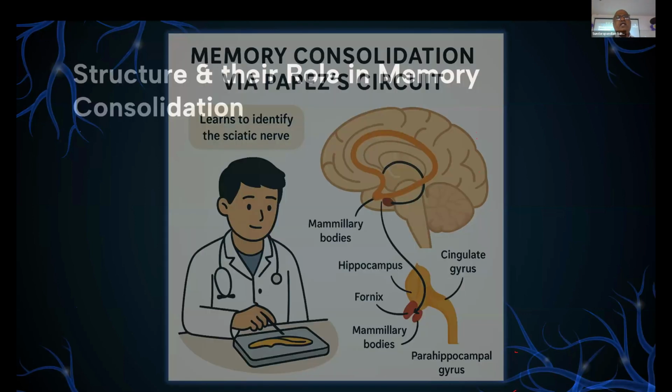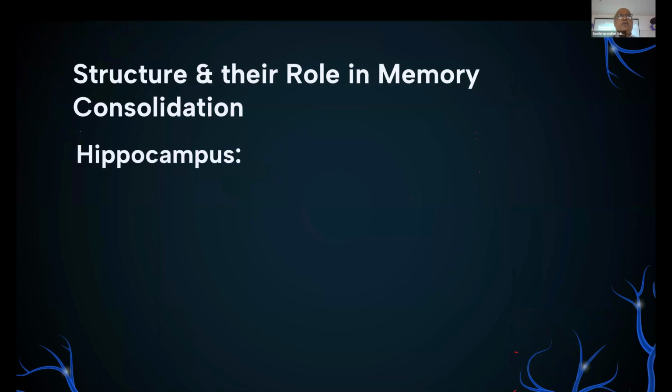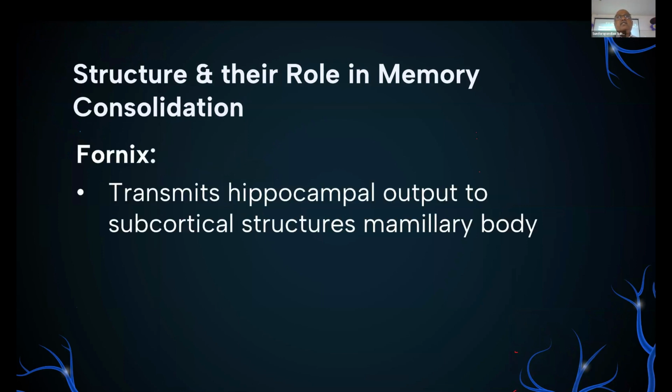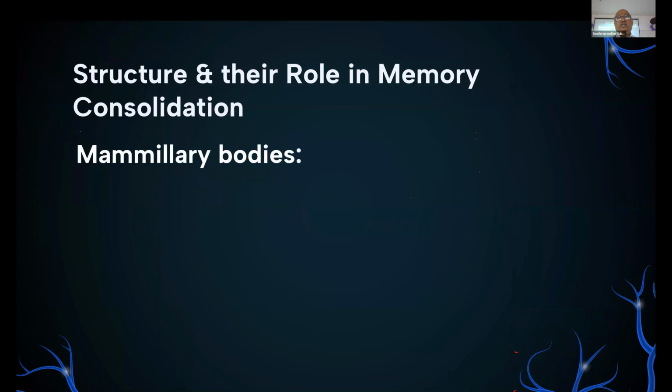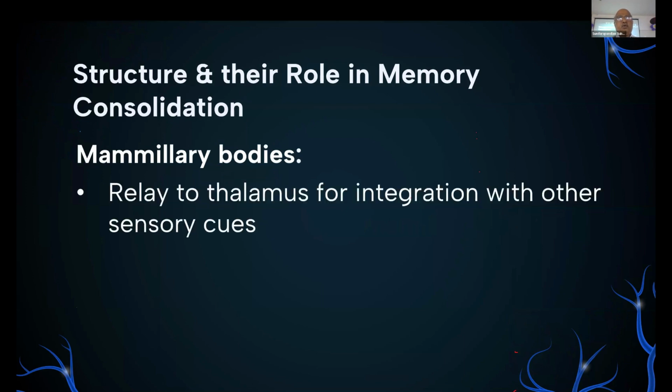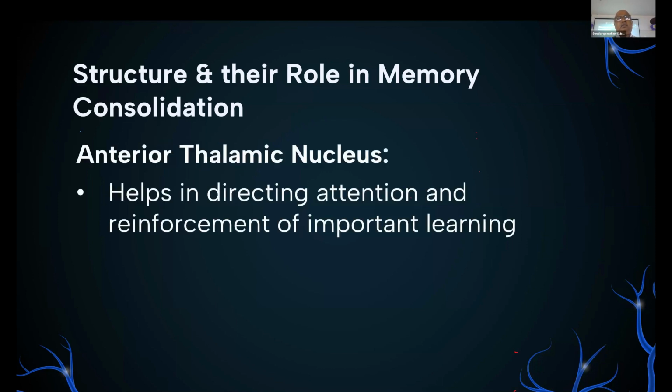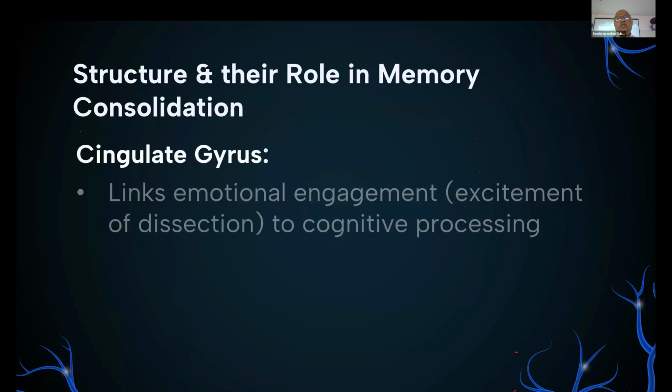We will see the role of each part. What is the role of the hippocampus? Encoding. Next, it is transmitted to your mammillary body through the fornix. Next, mammillary body to thalamus, so you get attention. Then the cingulate gyrus, which gives emotional engagement. You are touching, you are seeing.